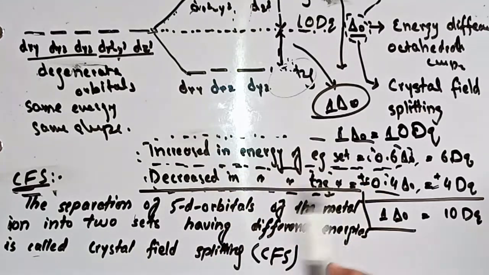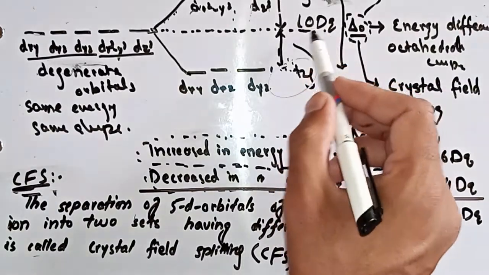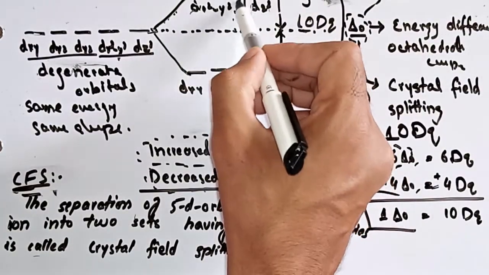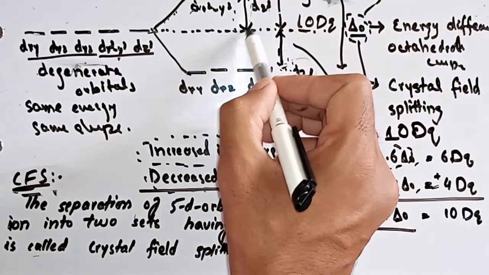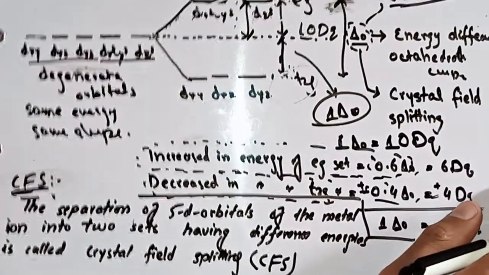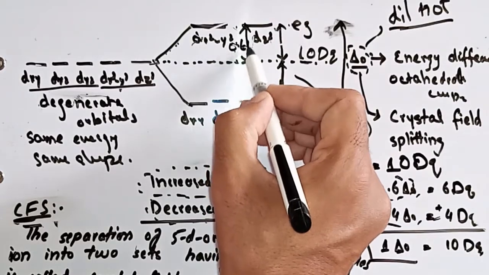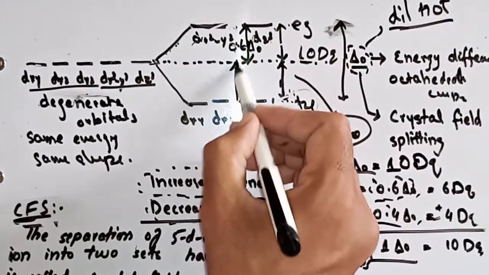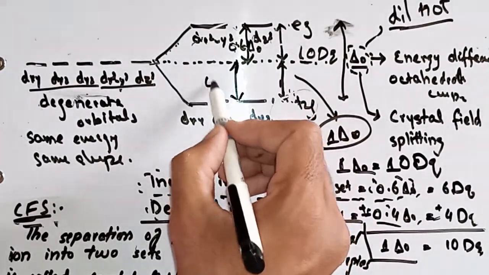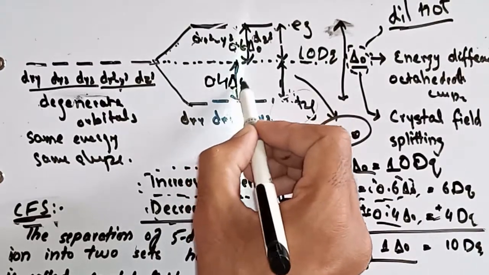And that is all about crystal field splitting. There is nothing remaining, all is clear now. This is increased by 0.6 del naught, while this is decreased by 0.4 del naught.